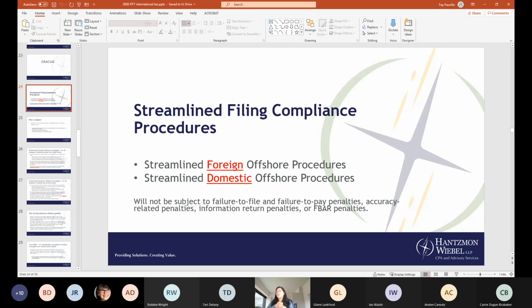But the good news is, if you read the bottom portion of the slide, it says, if you go through this, you will not be subject to failure to file and failure to pay penalties, accuracy related penalties, information return penalties, or FBAR penalties. So there is a way out. We get excited when we find there is a way out. So let's go to the next slide.